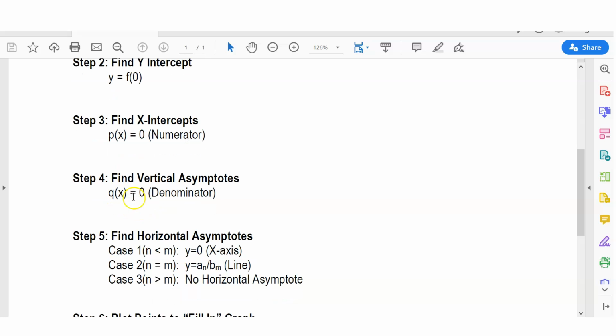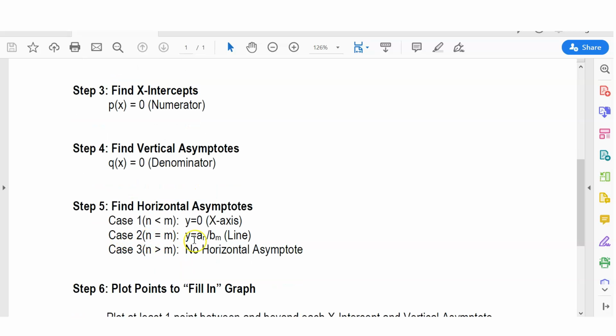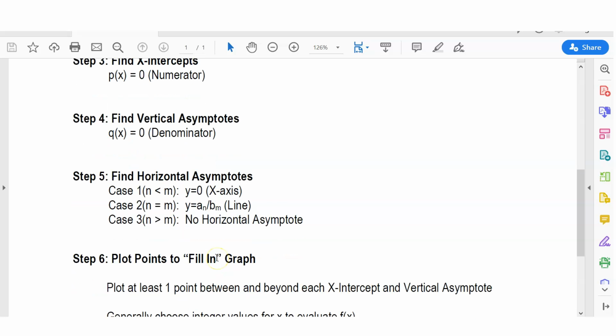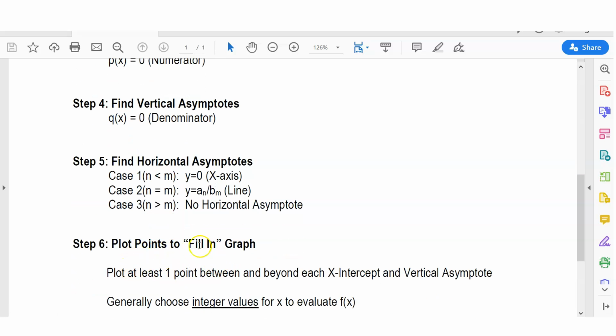Then we'll find our asymptotes. Remember, we'll set the denominator, function q of x, equal to 0 to find vertical asymptotes. And then we'll use this methodology to find our horizontal asymptotes. And then we'll use all that information from steps 1 through 5 in the asymptotes to frame the picture and get started. Then, in step 6, we're going to pick points strategically to fill in the graph.